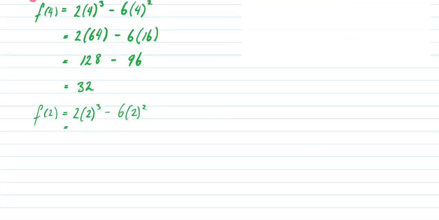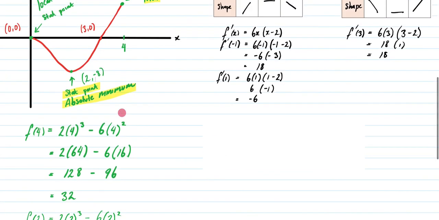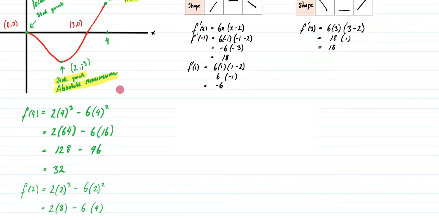Let me give myself some more room. 2 times 8 is 16, minus 6 4s are 24, which is going to end up being -8. So I could come up here and I could say this is going to be -8. So let's note the fact that my absolute min is also my local min.